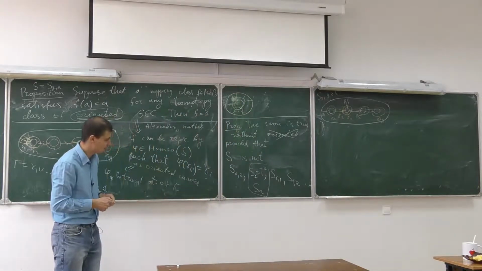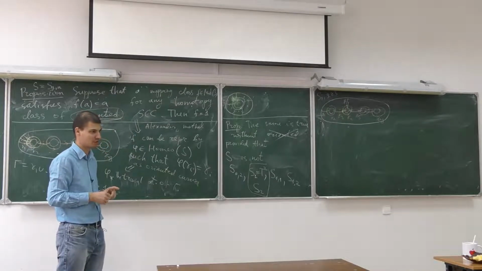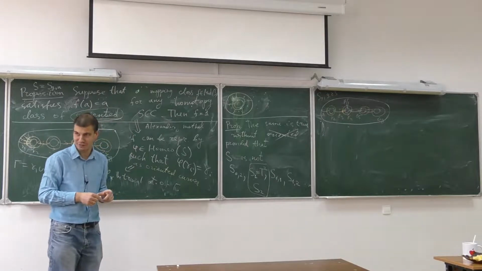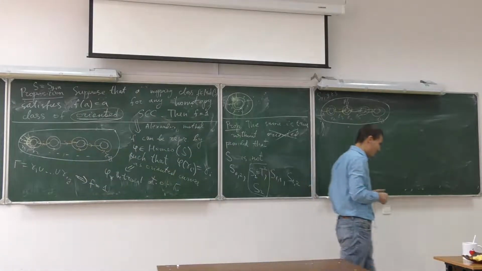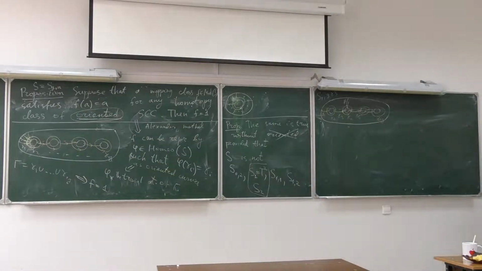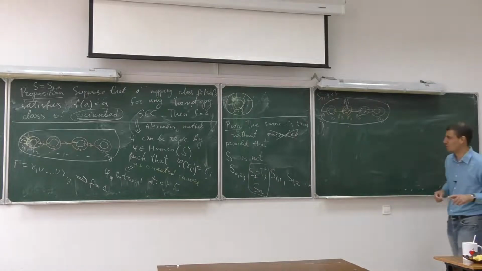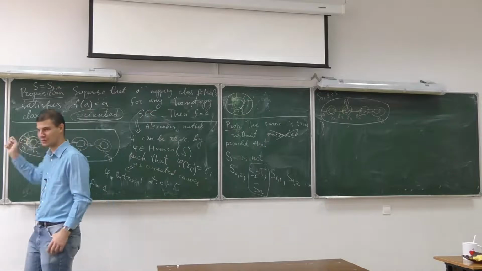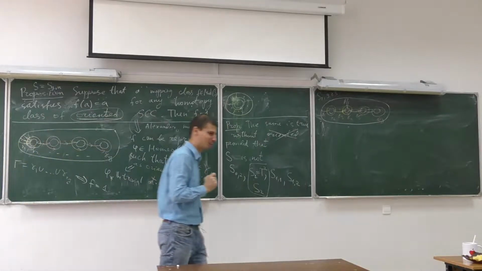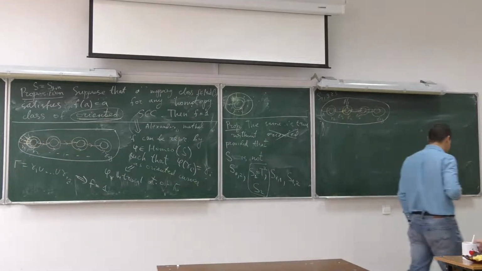But in the case of a sphere with punctures, we need to be more careful. Actually, this method doesn't work at all. I was not careful about it when I proved that proposition.